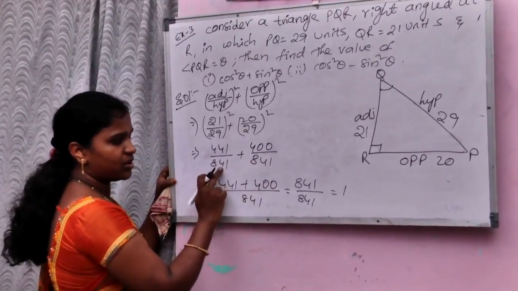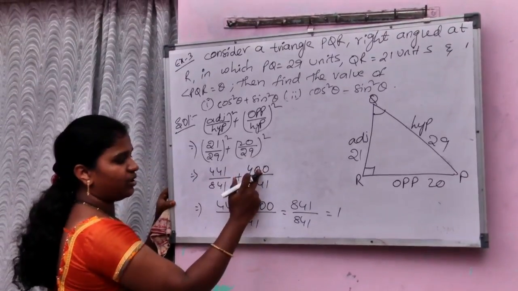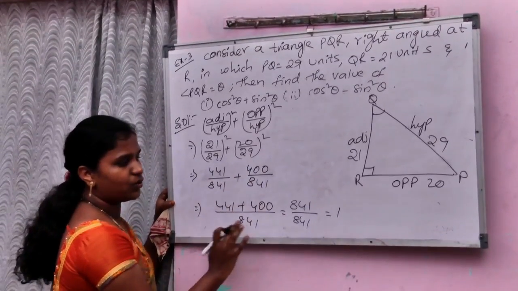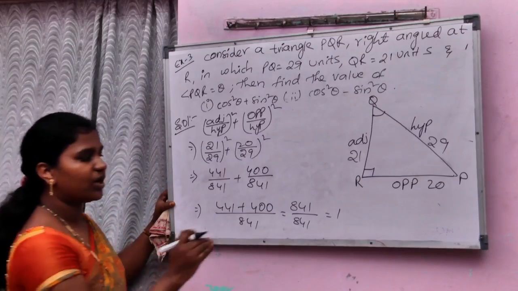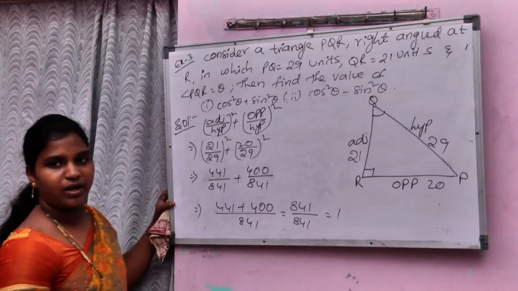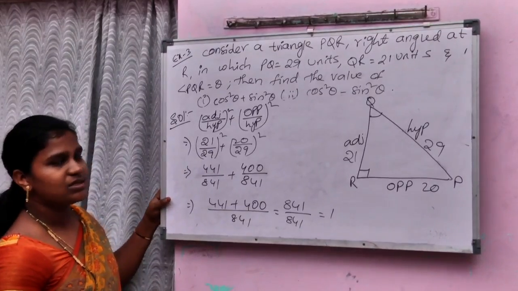Since the denominators are the same, the LCM will be 841. Just by adding the numerator values, 441 plus 400 is 841 by 841, which is nothing but 1. Now let us find the second one, that is cos square theta minus sin square theta.